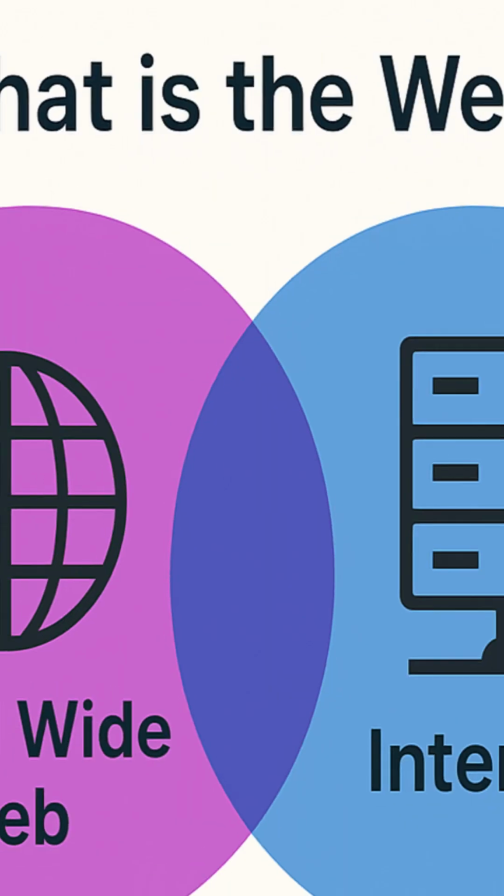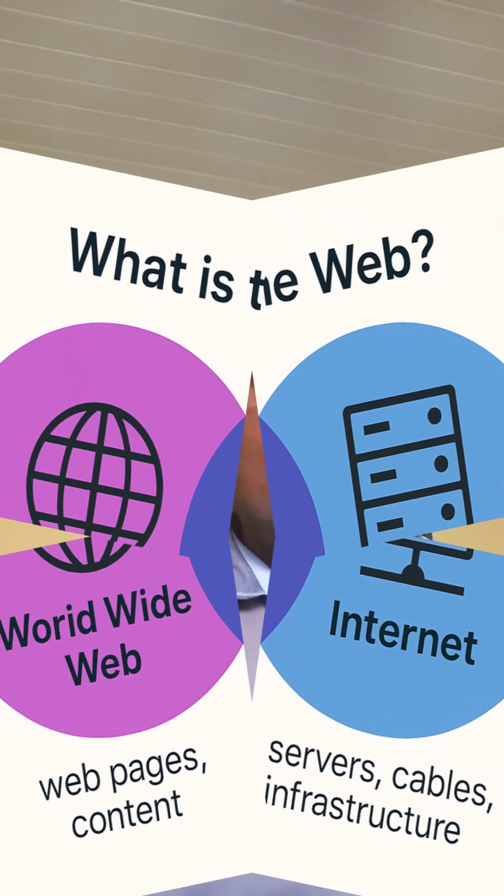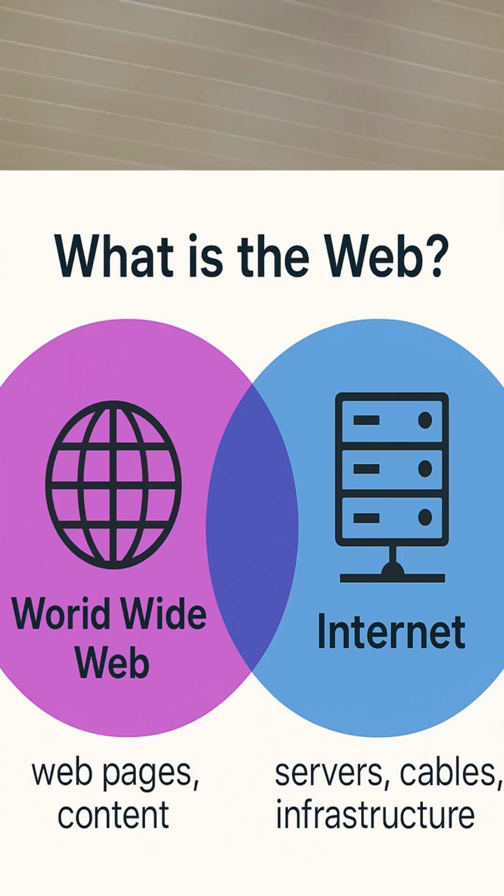It is not the internet itself, but rather a service that runs on top of the internet. We access the web using web browsers like Google Chrome or Firefox, and we navigate it through hyperlinks and web addresses. We shall be looking at the details of all these terminologies we are mentioning here.